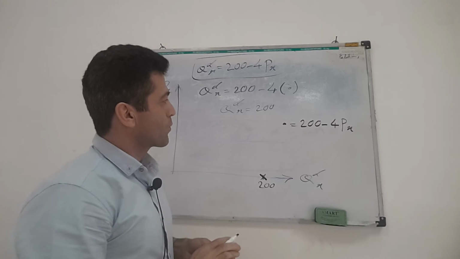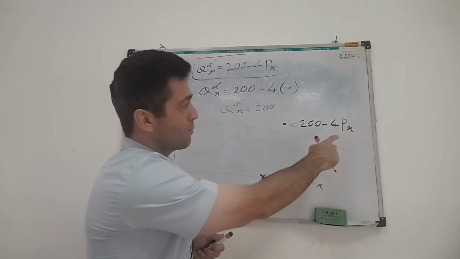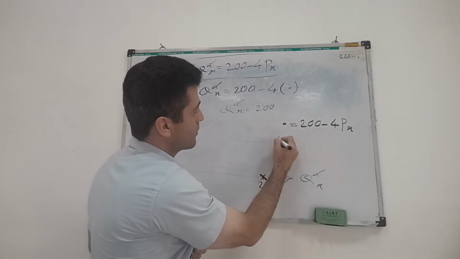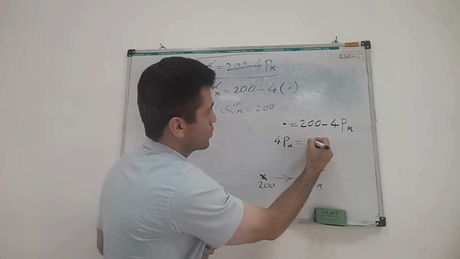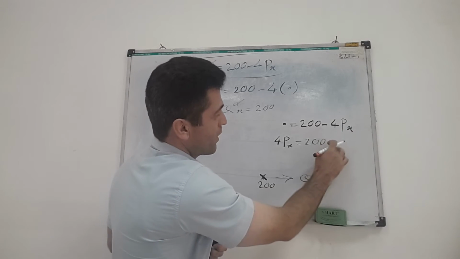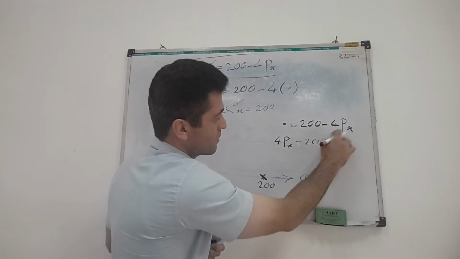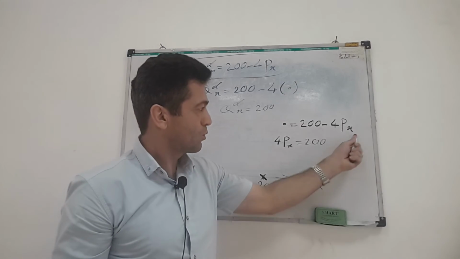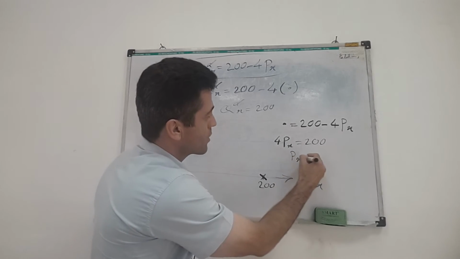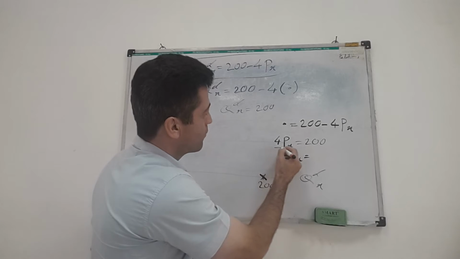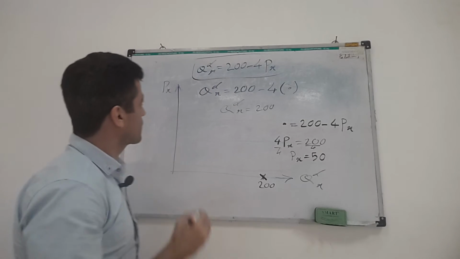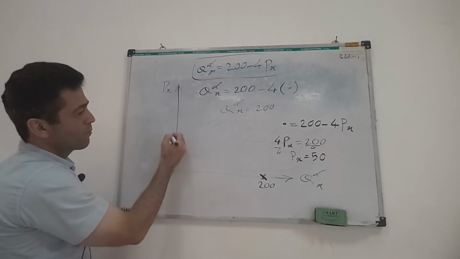By adding 4Px on both sides of this equation, we can write here 4Px equals 200, because minus 4Px plus 4Px we can remove. 4Px equals 200, so Px equals 200 divided by 4 equals 50. So the intercept for P is 50.